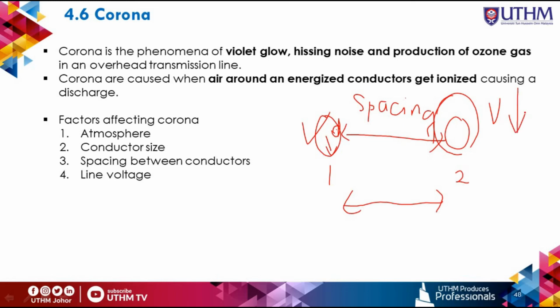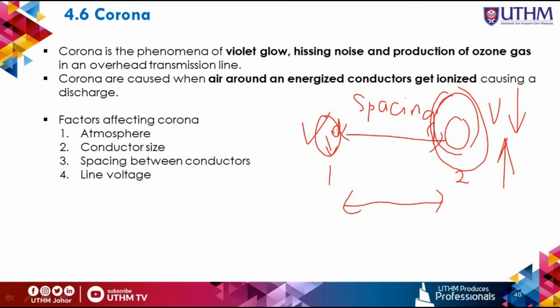However, when the applied voltage exceeds a certain value called critical disruptive voltage, the conductors are surrounded by a faint violet glow called corona. So if the applied voltage exceeds a certain value, corona will happen.